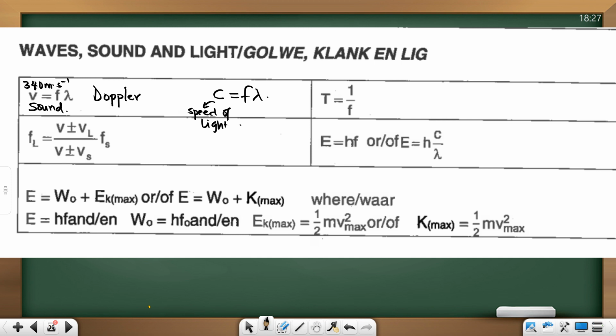So this is the formula we've played around with. E equals to HF and E equals to what? HC over wavelength. So there's no need to cram the formula. Just understand what it means. And should you forget the relationship, use that to define the relationship. E is directly proportional to F, and E is inversely proportional to what? Wavelength. And with that, can we move on?